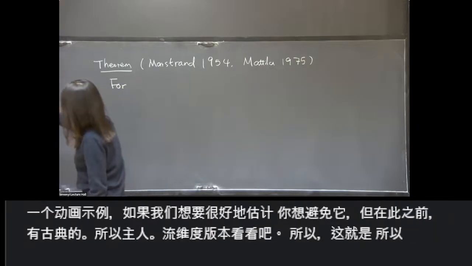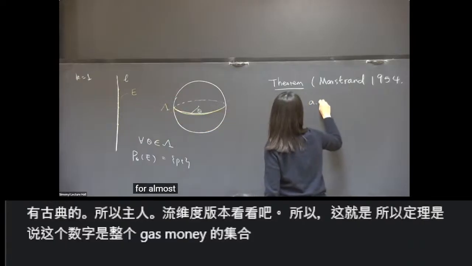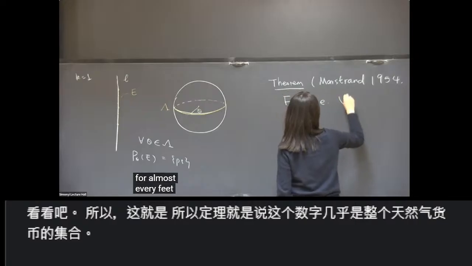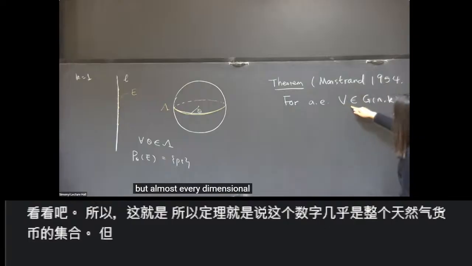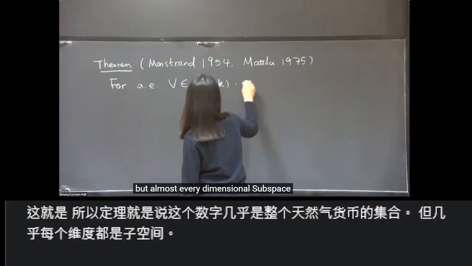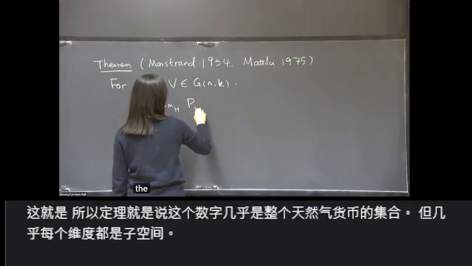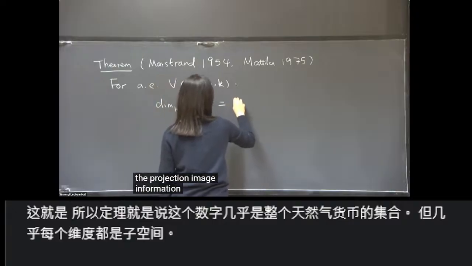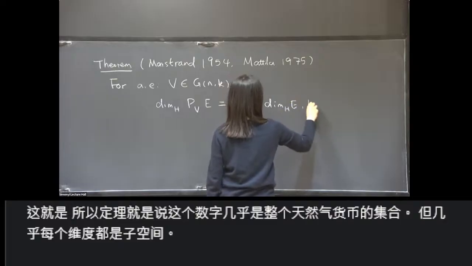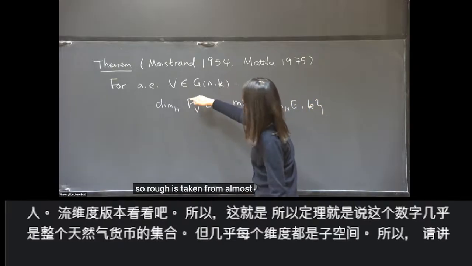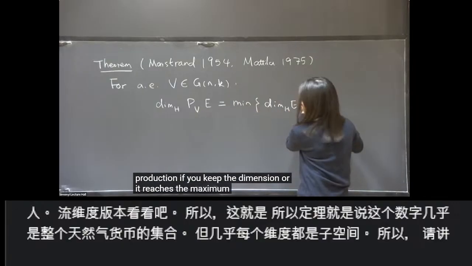Their theorem is about Lambda being the whole Grassmannian: for almost every k-dimensional subspace V, the Hausdorff dimension of the projection image equals the minimum of the Hausdorff dimension of E and k. Roughly speaking, for almost all projections, we keep the dimension or it reaches the maximum dimension possible.